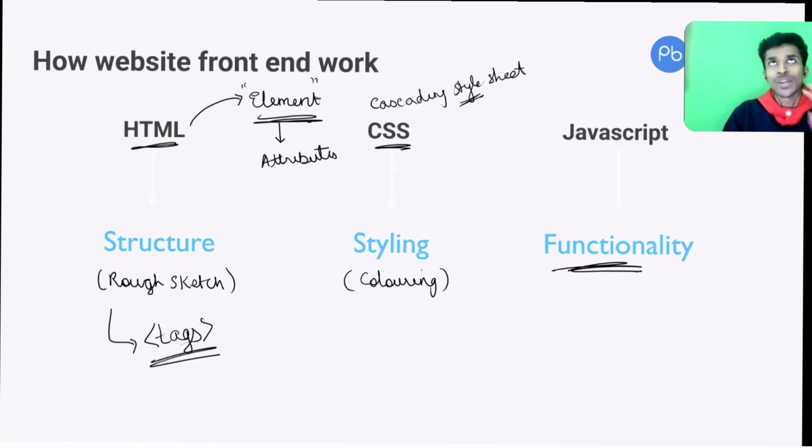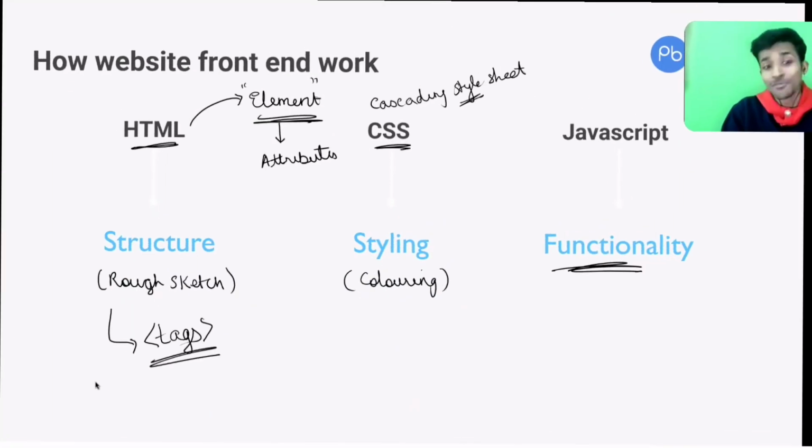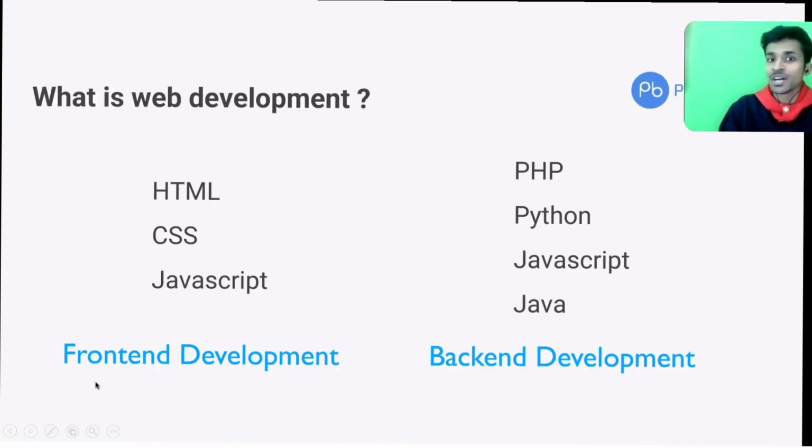So since the advent of 2015, there has been a really large upfront in using frameworks. Yes, you need HTML, CSS, and JavaScript for web development. You learn these, good.